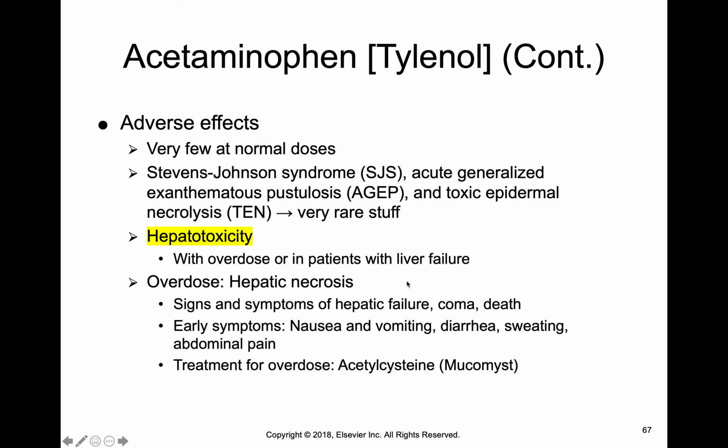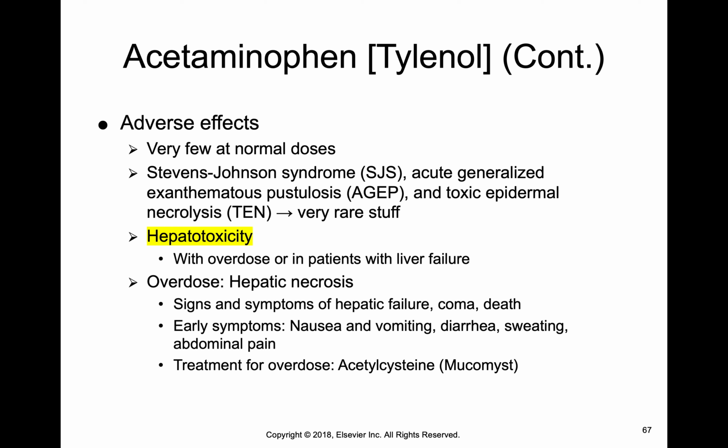Hepatotoxicity: arbitrarily, or at least what the study shows, is that if you go over 4,000 milligrams a day, or 4 grams a day, your incidence of hepatotoxicity will increase. And so patients who are suicidal, you would probably not want to give them a whole bottle of acetaminophen, because that's one of the more common ways to overdose in case you have suicidal ideation.